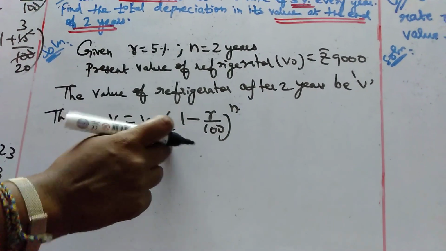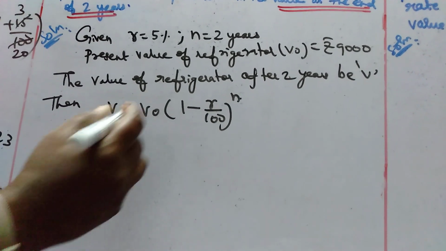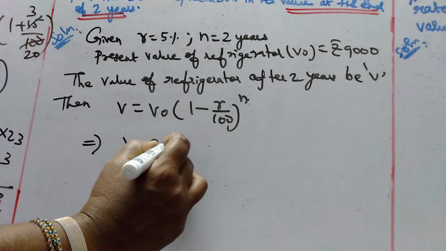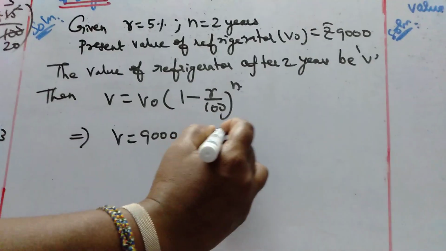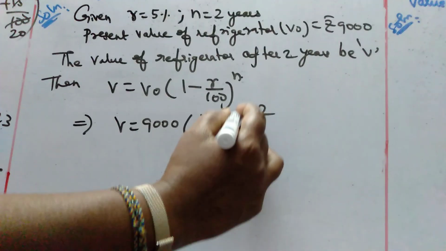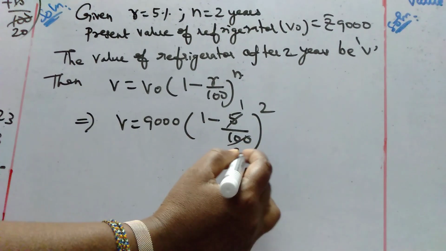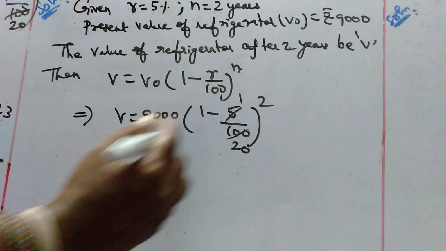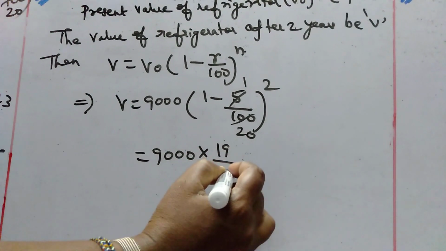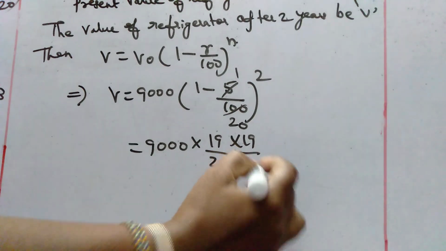Here depreciation, keep it in mind, minus symbol you want to use here. So which implies V equal to 9,000 bracket 1 minus R here is 5 by 100 the whole power 2. By 5 table if we cancel this is 1 time, this is 20 times. 20 into 1 is 20, 20 minus 1 here is 19. So 9,000 into 19 by 20 into 19 by 20.